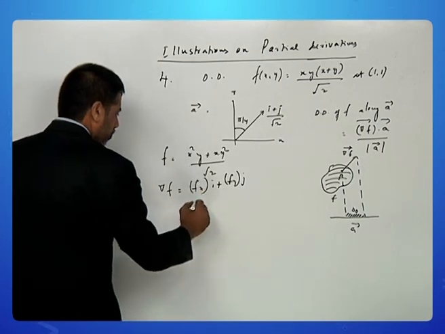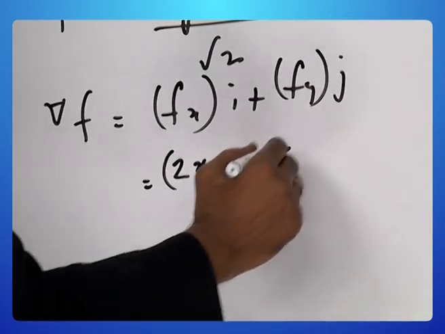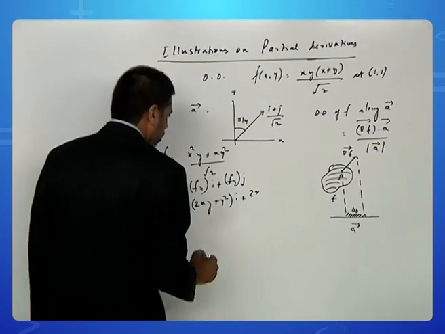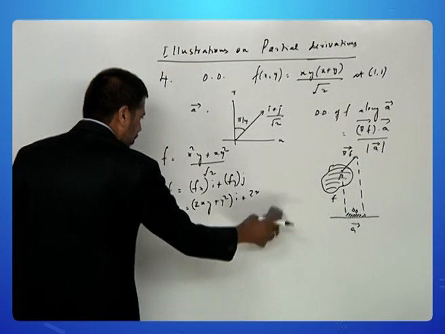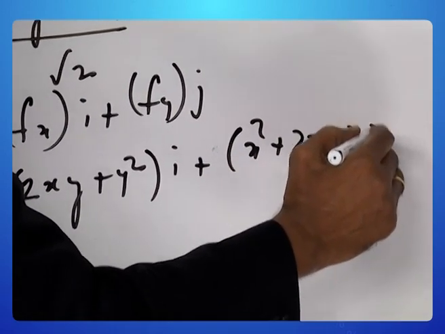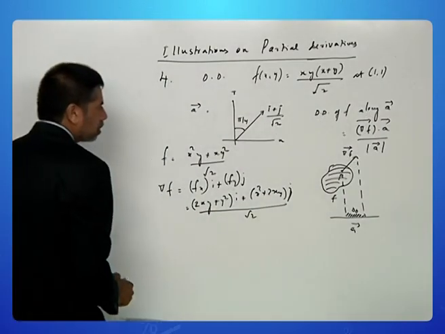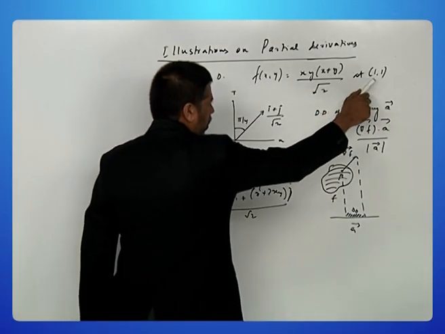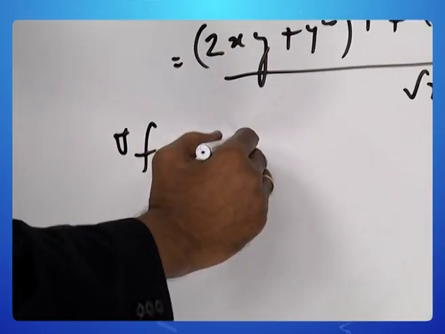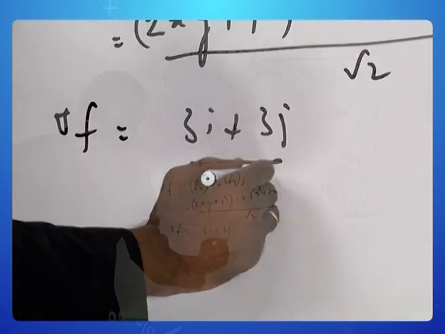So you will get 2xy plus y squared i plus, with respect to y, you get x squared plus 2xy j by root 2. Now we are specifically calculating at (1, 1). Therefore, at (1, 1) del f will be 3i plus 3j by root 2.